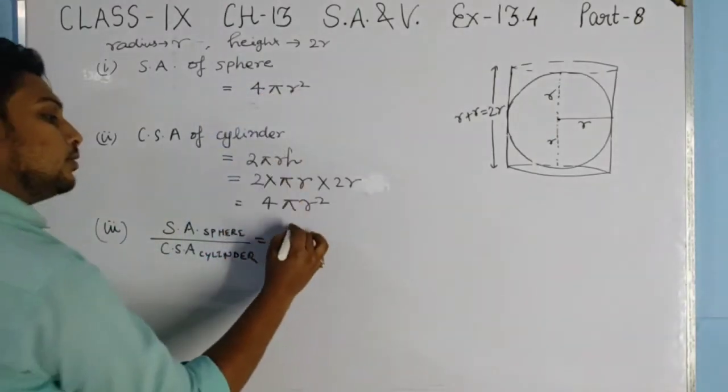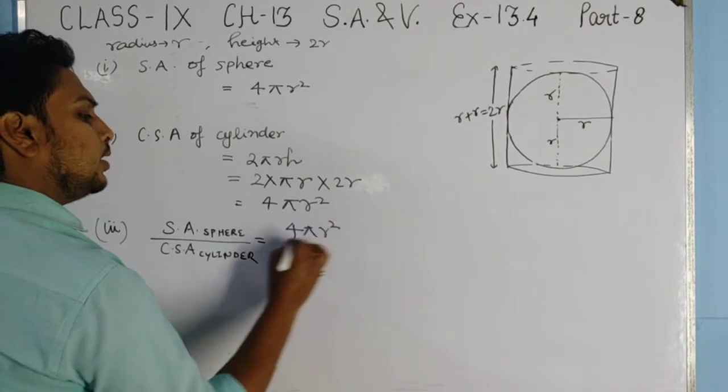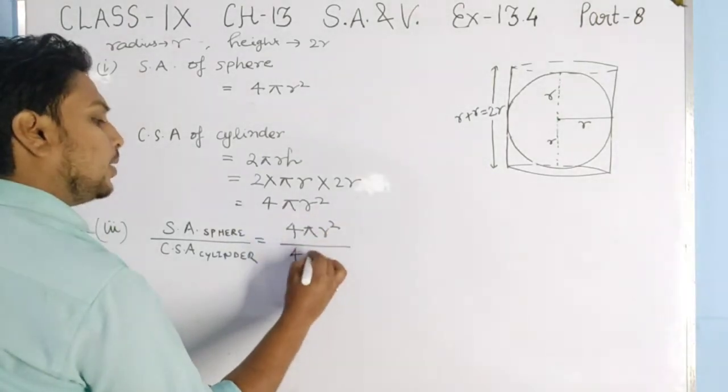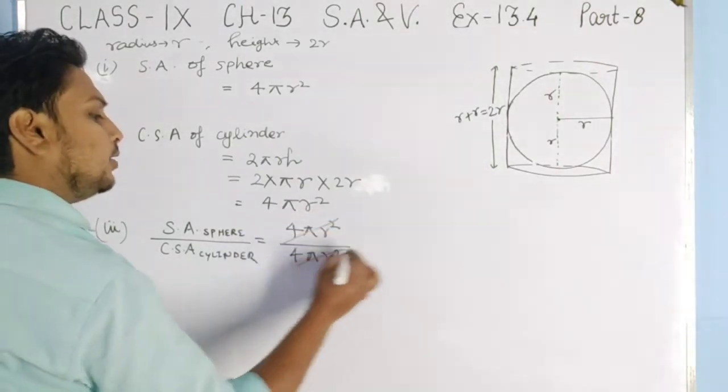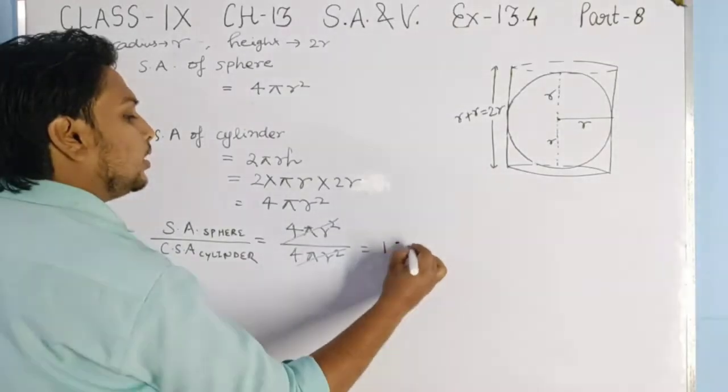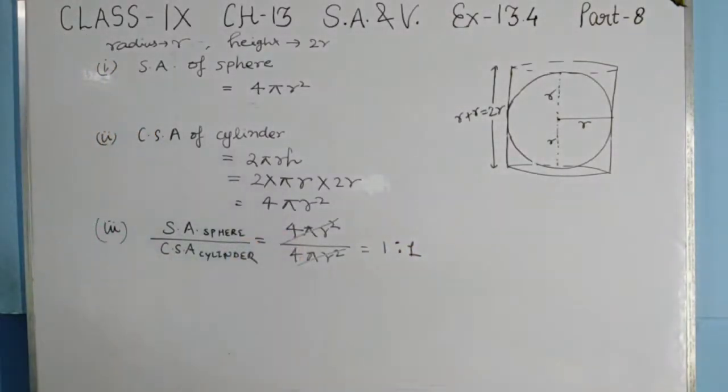So here the value is 4 pi r square, and here also the value is 4 pi r square. So what ratio will it be? It will be 1:1, because it has cancelled completely. So only 1:1 will be the answer. Now students, you can pause the video and note it down.